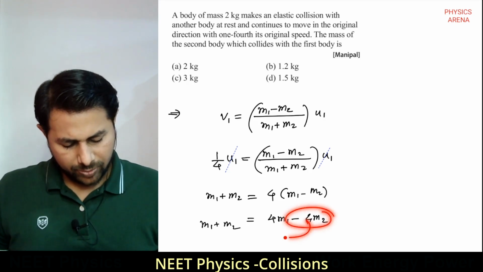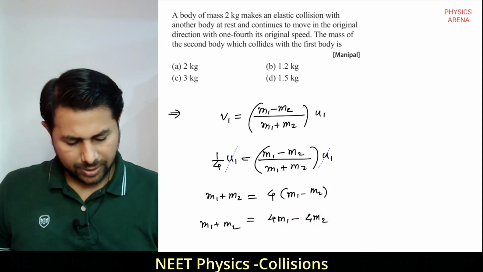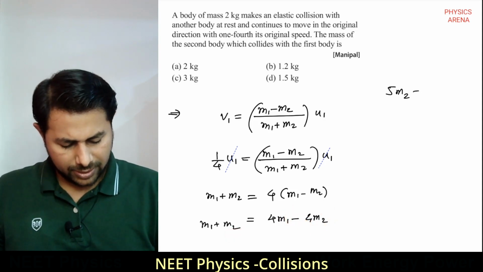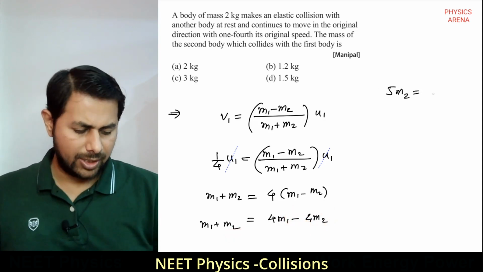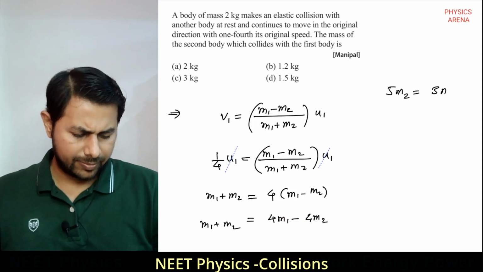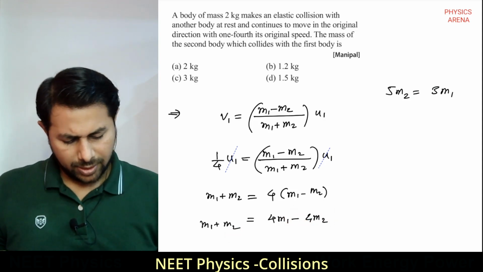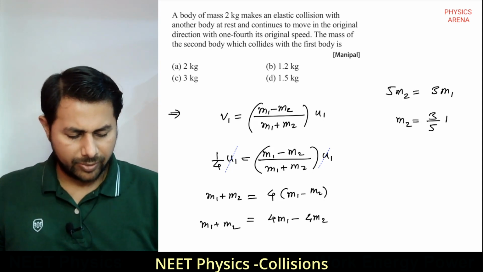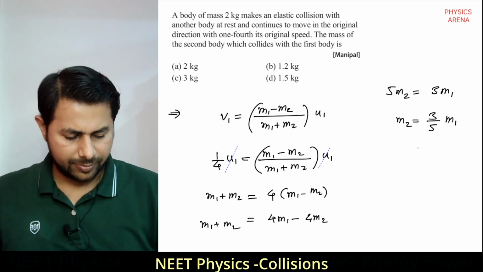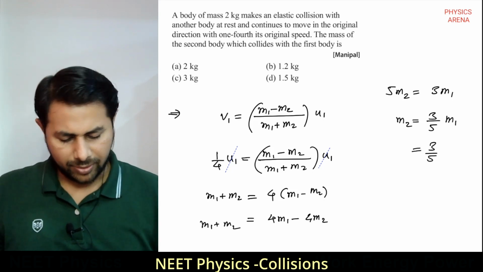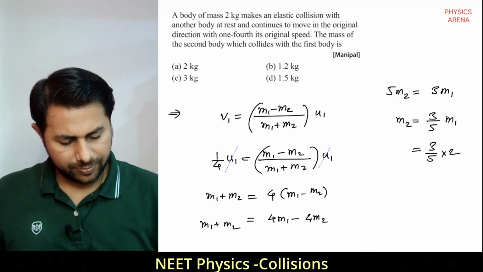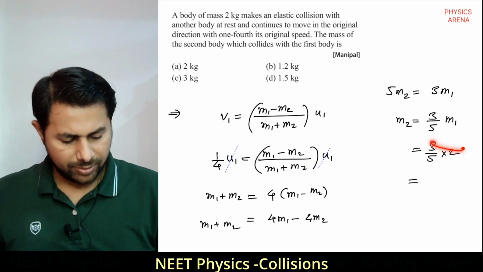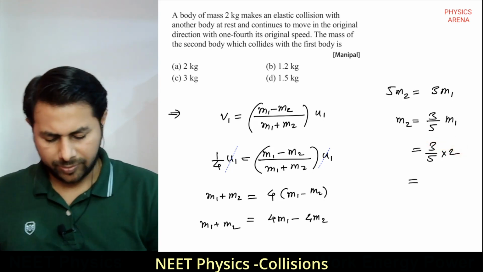Then you can move this 4m2 on this side, so it becomes 5m2 is equal to 4m1 minus m1 is 3m1, and therefore m2 is just equal to 3/5 of m1. m1 is 2. 3 times 2 is 6. 6/5 means 1.2.